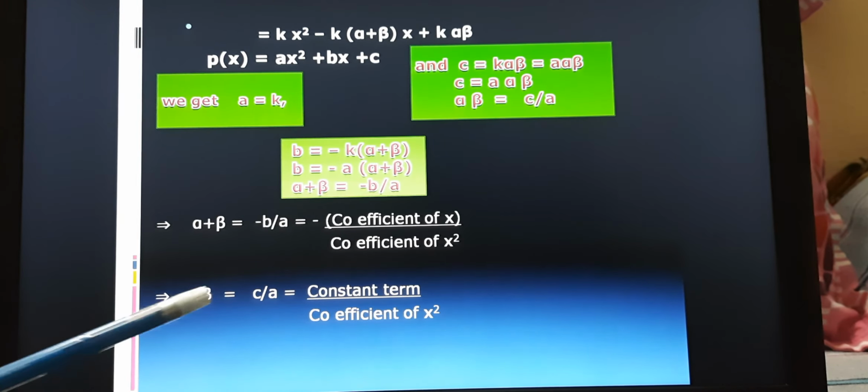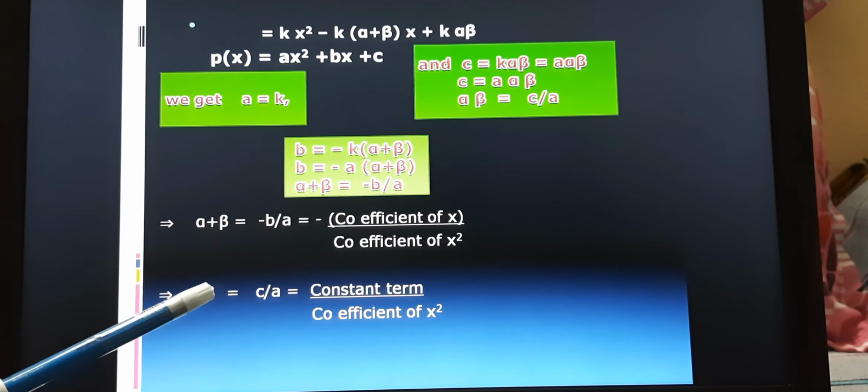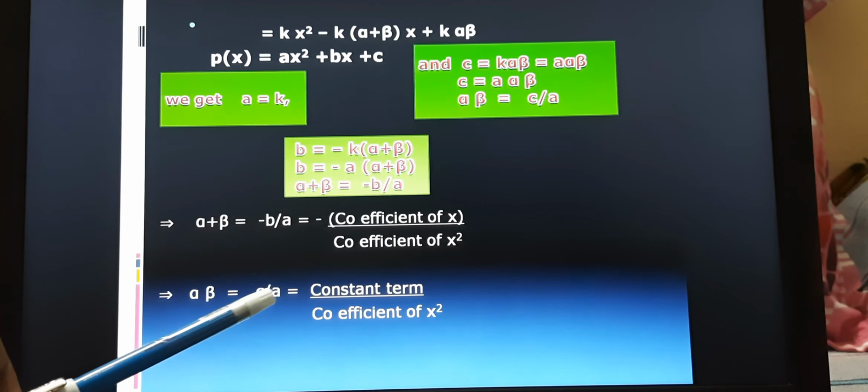Let me check once, what is c? That is the constant term, divided by a, which is the coefficient of x square. Here we generalize that the sum of zeros is equal to minus b by a, and the product of zeros equals c by a.